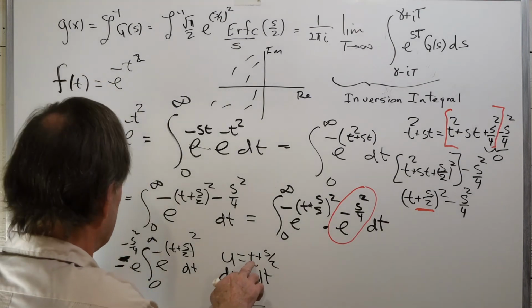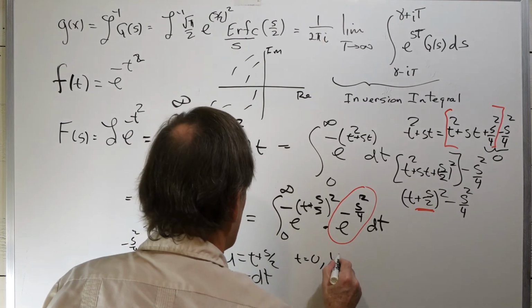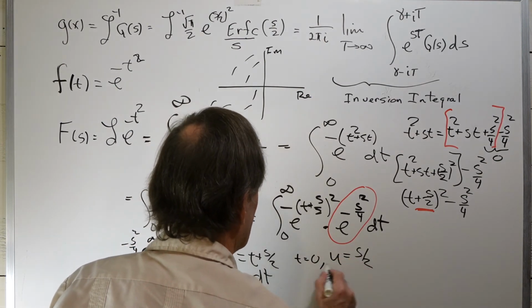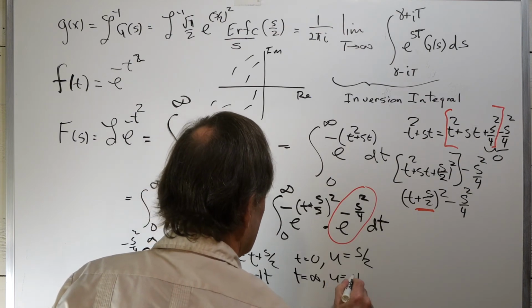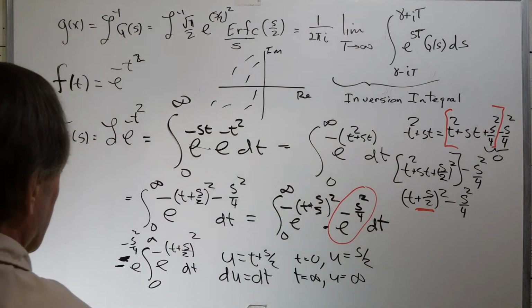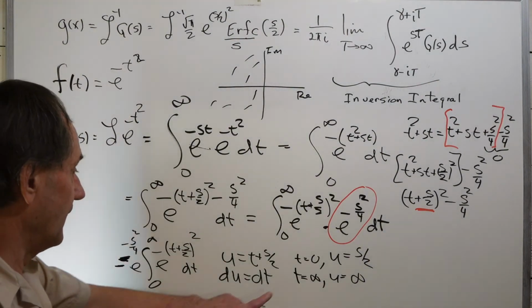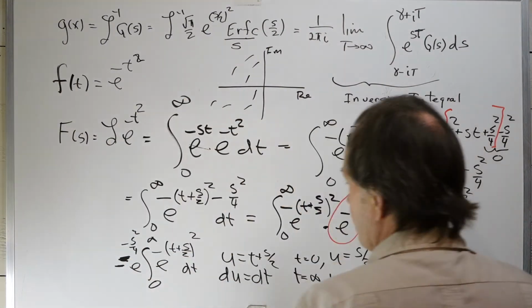Now, when t is 0, u is equal to s over 2, and when t is infinity, u is also infinity. And then we'll make these substitutions. We'll change the limits.